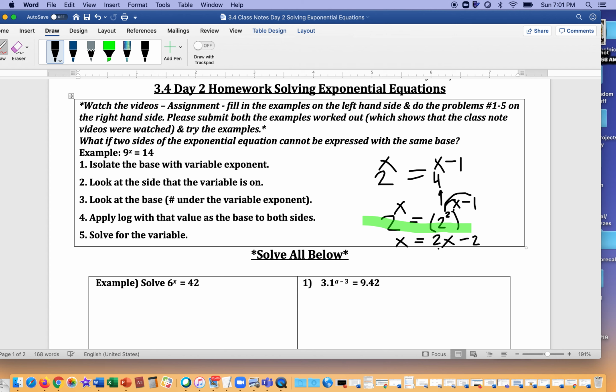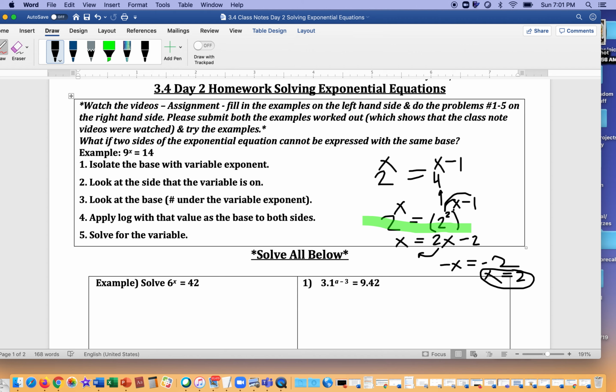You would solve, so you'd move this 2x to the other side, so you'd minus 2x, you'd have negative x equals negative 2. You would divide by negative 1, and you get x equals 2. Okay, so that was last week.